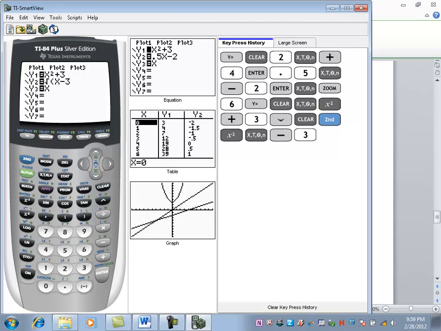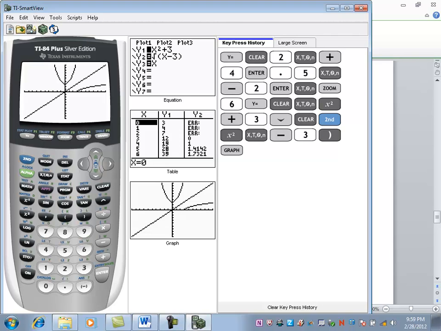Still over the line, seeing the symmetry y equals x. And of course, when we look at this, we're ignoring this piece of the graph. I didn't restrict the domain here, but if we compare this piece of graph with this piece of graph, you can see the symmetry that we have there along the line y equals x.